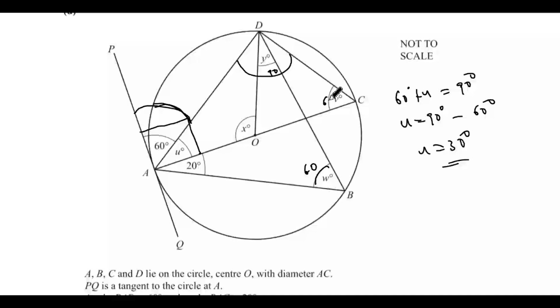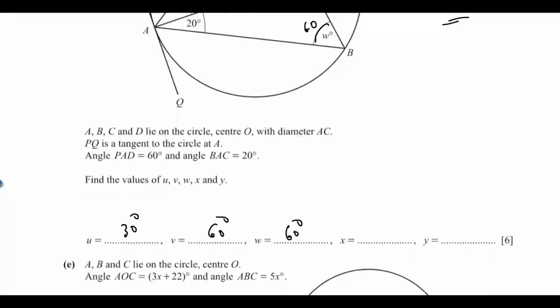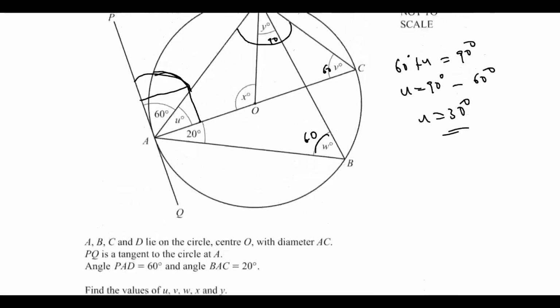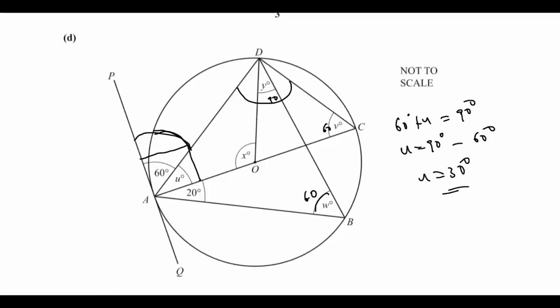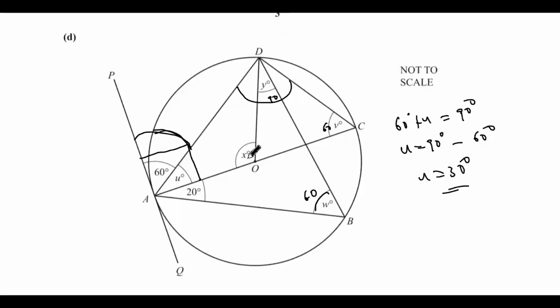This is 60 degrees. The next ones are angle X and angle Y. So where is angle X? Angle X is here. We know that this is radius OA and OD is also radius. We know that U is already 30, so this place will also be 30. So we can calculate X. That will be the third angle in triangle OAD.